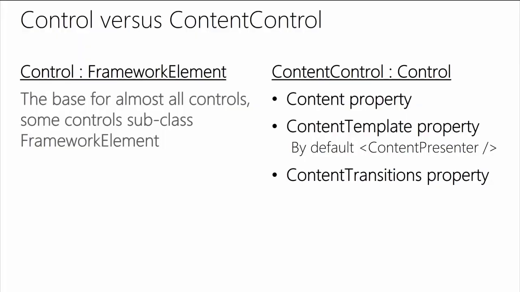So Control itself inherits from FrameworkElement, which we saw in that family tree that we built, right? Almost all controls inherit from this, and it gives us basically everything we need in order to be rendered up in the XAML tree. But what it doesn't give us is the Content property. And so you're wondering what the difference is between ContentControl and Control.